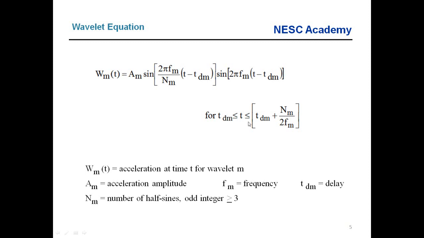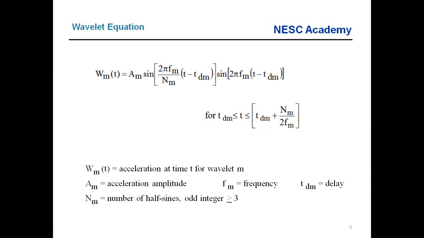Then this wavelet is defined over a particular duration, starting at the delay time and going up to the delay time plus the number of half sines divided by twice the nominal frequency of that wavelet.